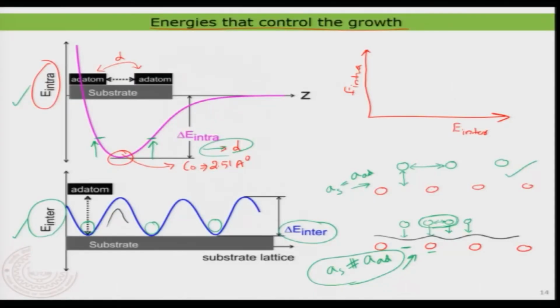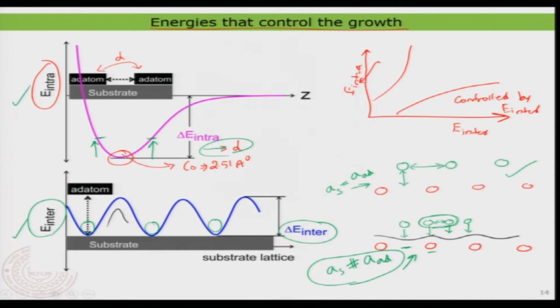But if everything is controlled by the E intra, then of course you will say that the ad layer itself is formed fully controlled by it. So in this regime all the ad layers that you form will be typically controlled by E inter, and in this regime everything is controlled by this one.